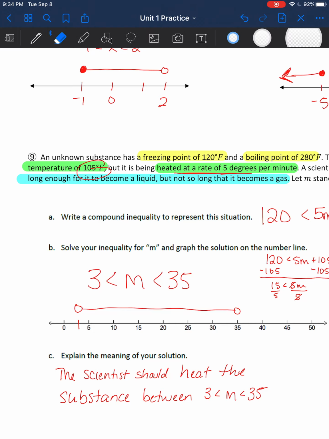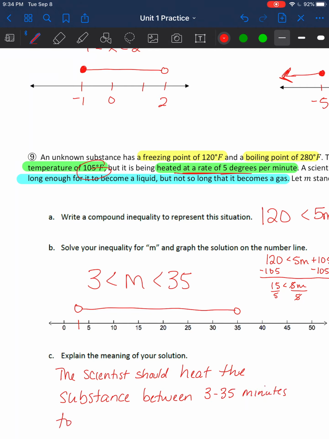Actually, let me write that in words. Should heat the substance between 3 to 35 minutes to keep it as a liquid.